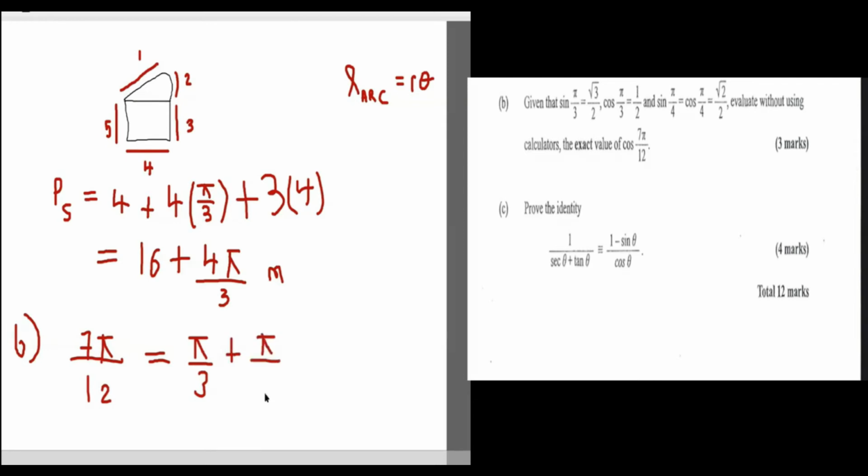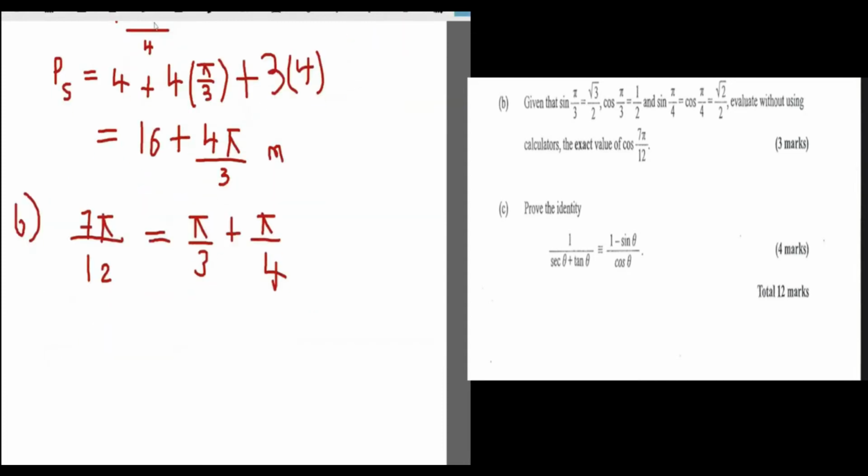If you were to find the LCM of these two, you would notice that 7 pi by 12 is the same as pi by 3 plus pi by 4. So you might ask, sir, what does that have to do with the question?